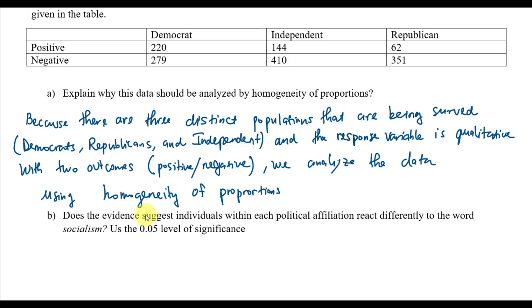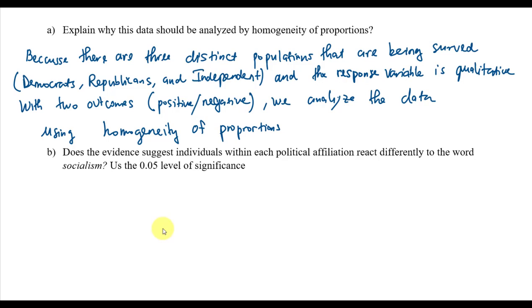Does the evidence suggest individuals within each political party react differently to the word socialism? Use the 0.05 level of significance. Again, similarly to what we did for the test of independence, we need to find the expected counts for each cell.